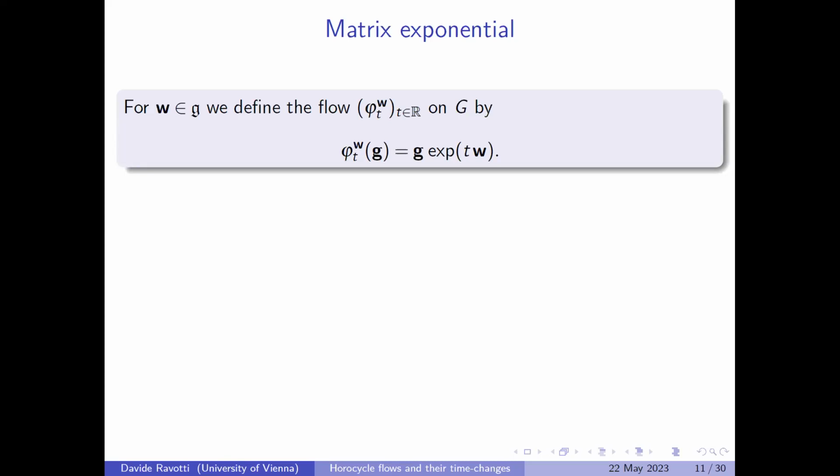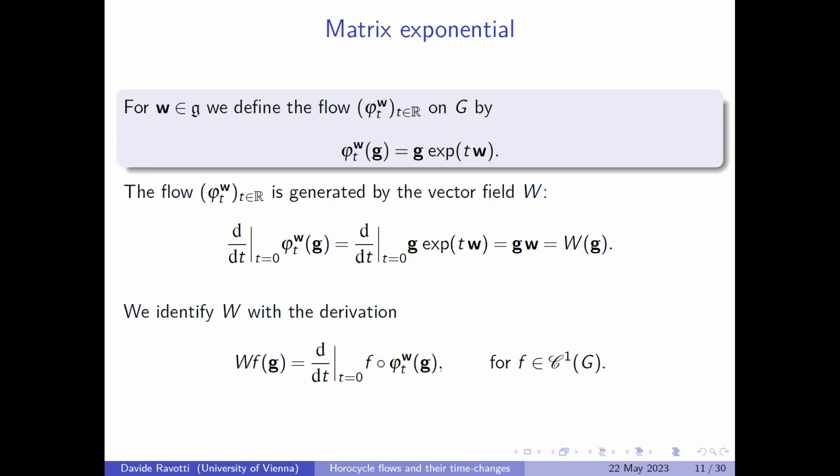So at the point you multiply on the right by the exponential of t times the matrix you chose in your tangent space at the identity. And it turns out that this is actually the flow we were looking at. So this is the flow generated by the vector field capital W that was the vector field associated to the element that you chose in the Lie algebra.